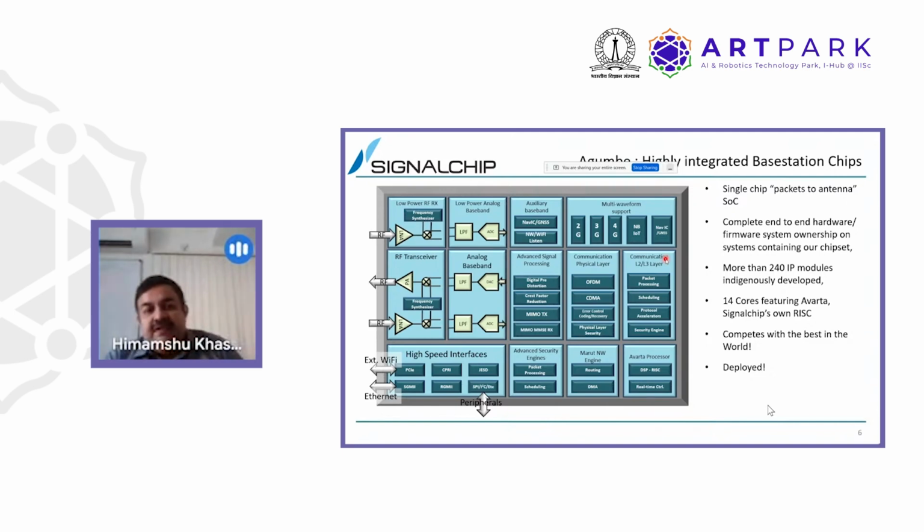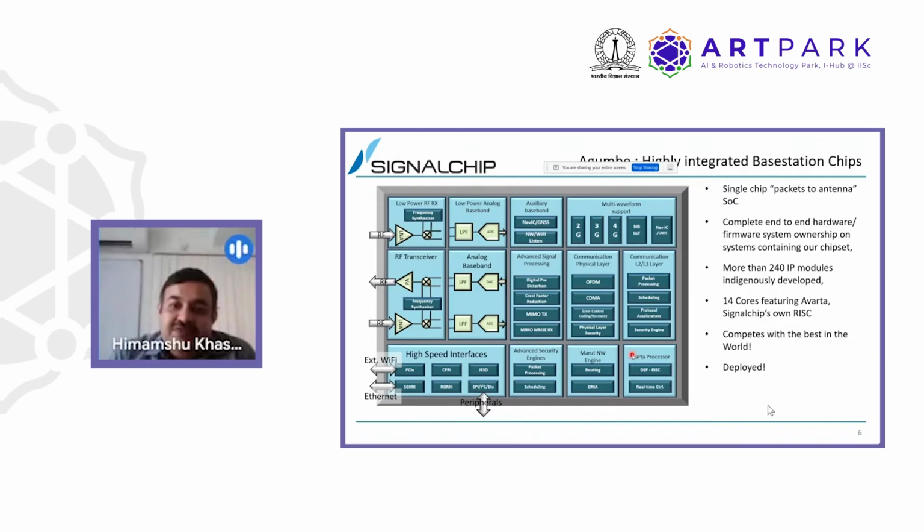We also have something called the Marut networking engine, which runs along with this, and we have an internal processor, our own RISC called Avarta. Avarta stands for cycles. Or if any of you is musically oriented, you'll know the taala cycles are called avartas. So that's how we named that processor.